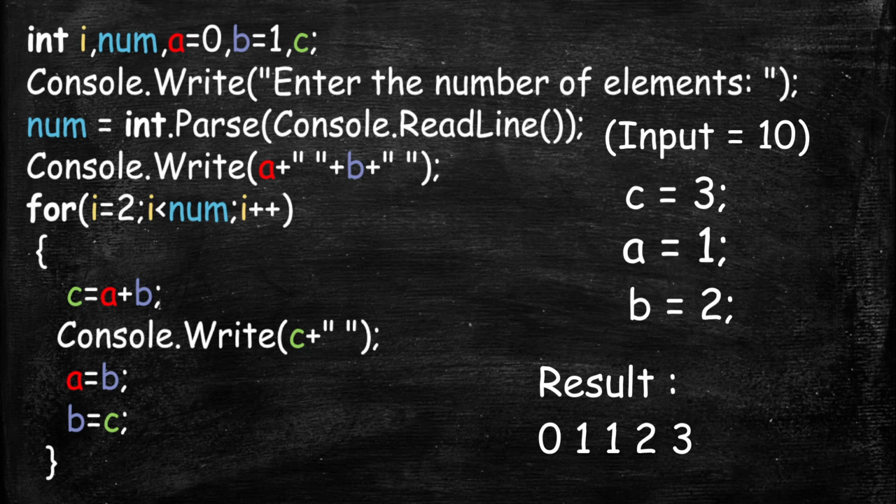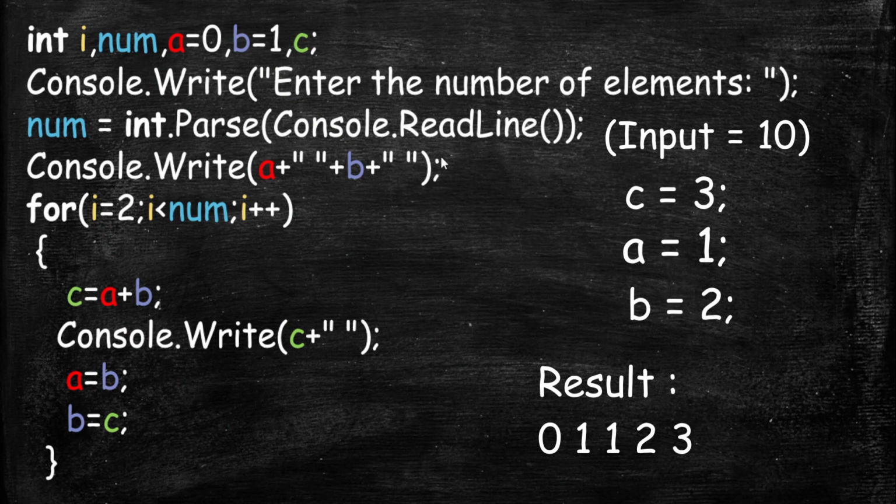This loop will keep on running 8 times. We have already printed 0 and 1 before, so 0 and 1 and 8 more numbers, that makes a total of 10. So if the user enters 10, it will print 10 numbers. If the user enters 5, it will print 5 numbers.